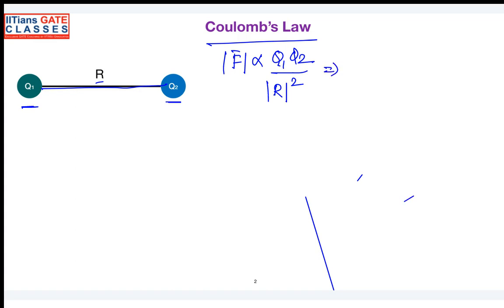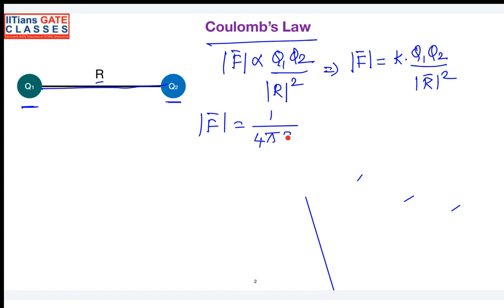The magnitude of the force is the proportionality constant 1 by 4 pi epsilon, and Q1 Q2 divided by modulus of R whole square. This represents the magnitude of the force between the two charges.